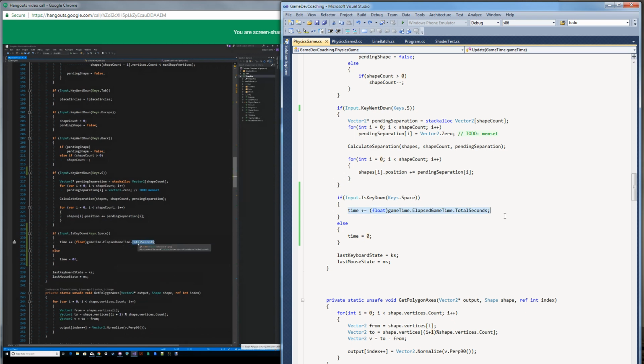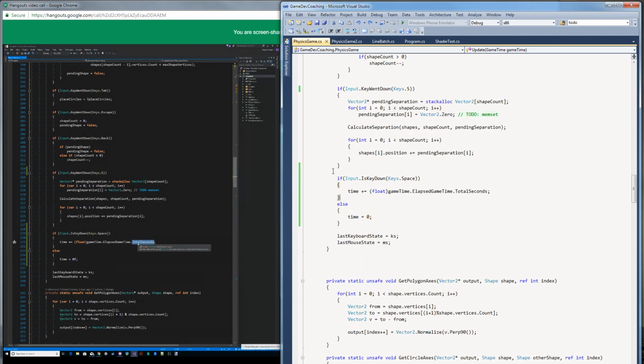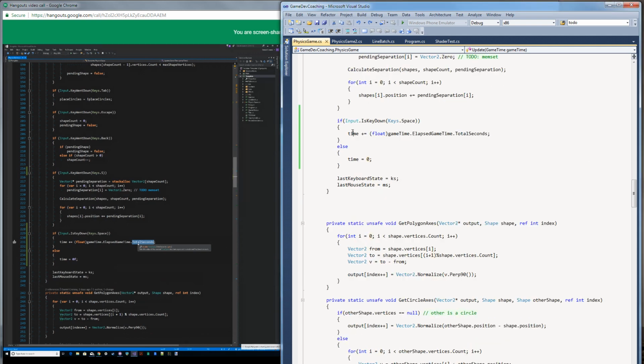That's why total seconds itself is double? Yes, exactly. We can go into more detail on how floating points get stored and why that is, but we will talk about that another time. For the time being, float will be fine because we're resetting it.